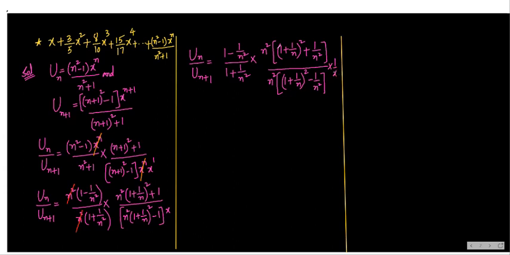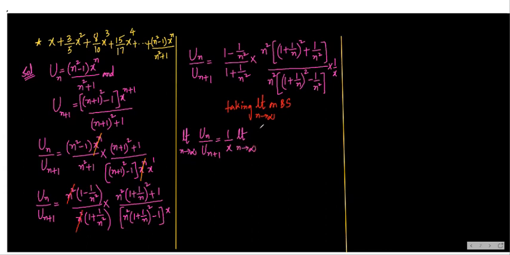Now taking limit n tends to infinity on both sides. Limit n tends to infinity of un by un plus 1 is equal to: we take the terms which do not have n outside, and apply the limit for the rest of the terms.